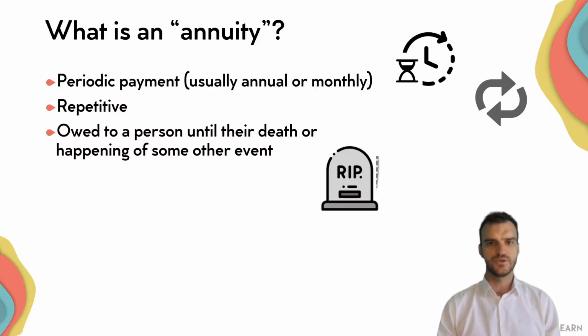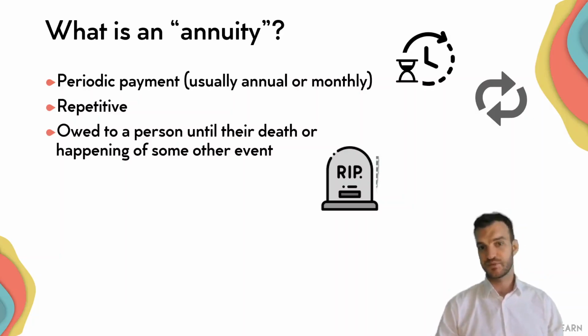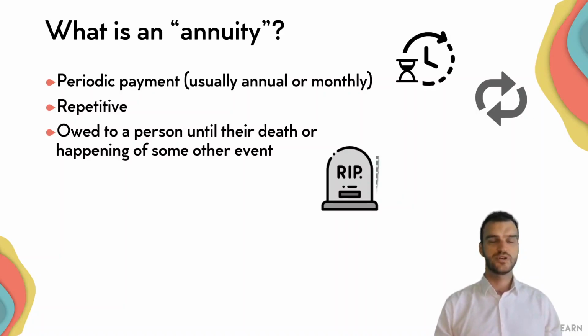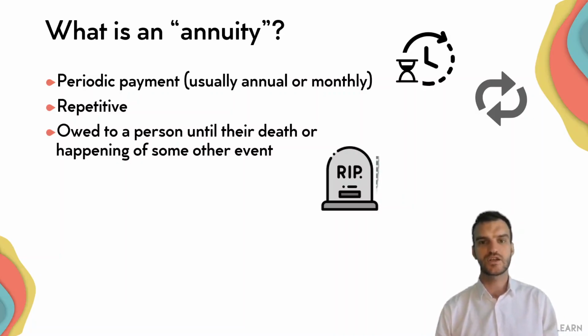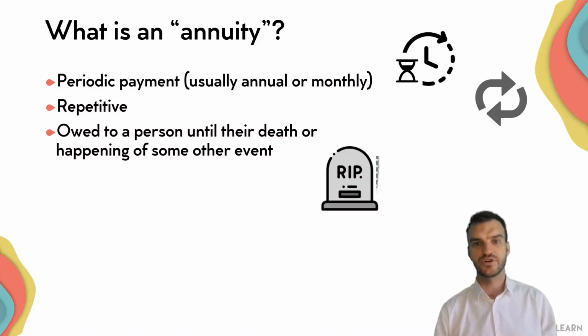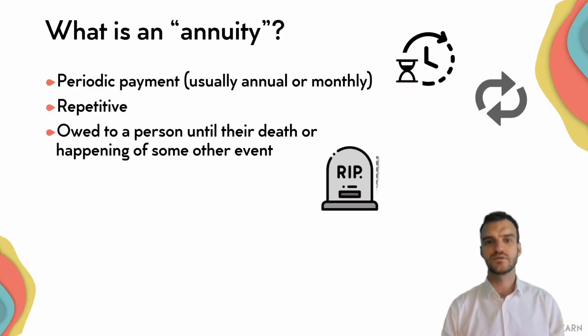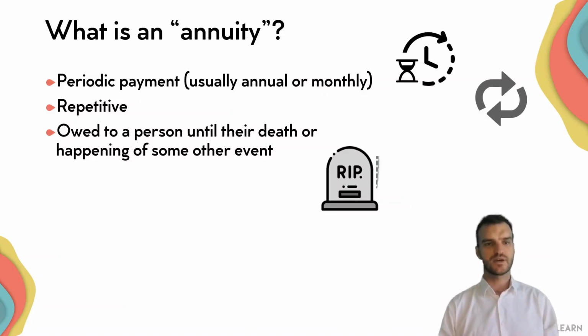So you could pay a lump sum of money to a long-term insurer, often like Sanlam, and then they will pay you a monthly amount as an annuity until you die, for instance. And you may remember that annuities are specific inclusions in terms of the Income Tax Act, meaning that even if they do not fall under the definition of gross income, they are still to be included in your taxable income.